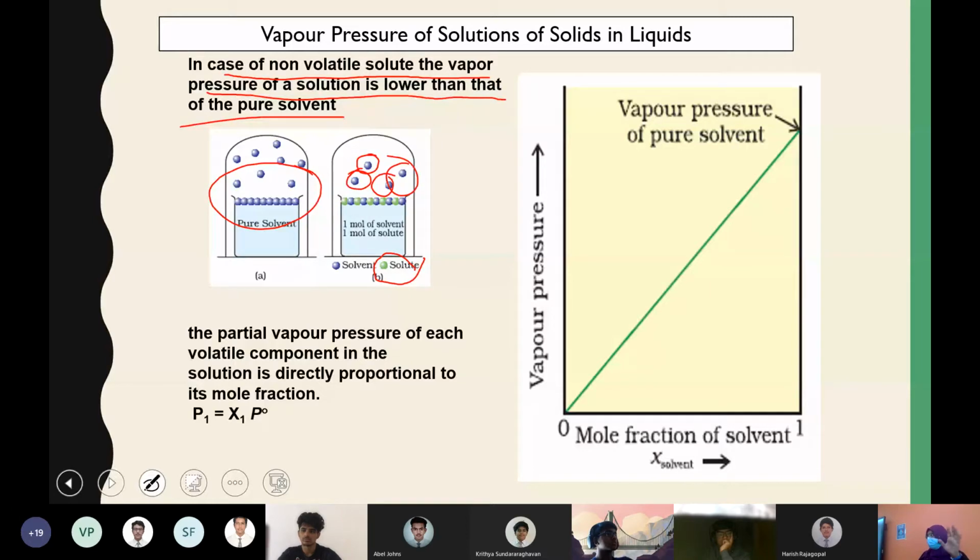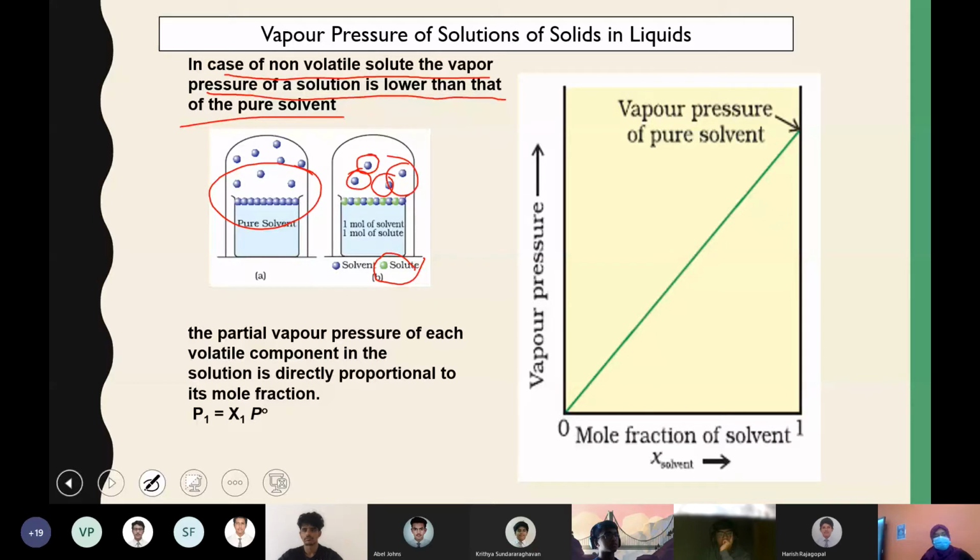That means if you want to compare 100 ml pure water and 100 ml salt solution, then you can say the 100 ml salt solution will have less vapor pressure than the 100 ml of pure water, right? So this decrease in vapor pressure is due to less vaporization of the solvent because of the presence of a solute inside the solution. So fewer vapors formed mean less vapor pressure.